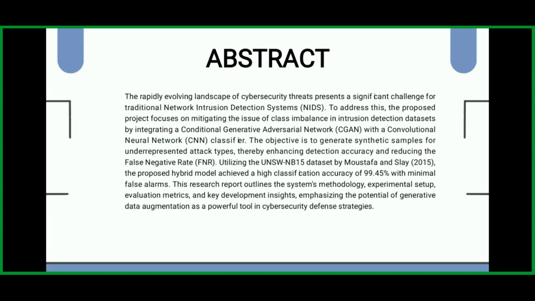If we talk about the previous datasets, there is NSL-KDD and the other dataset, CIC-IDS2017, which are used. But in our research, we use the dataset from the University of New South Wales, UNSW, and the Australian Centre for Cyber Security, who created our dataset.